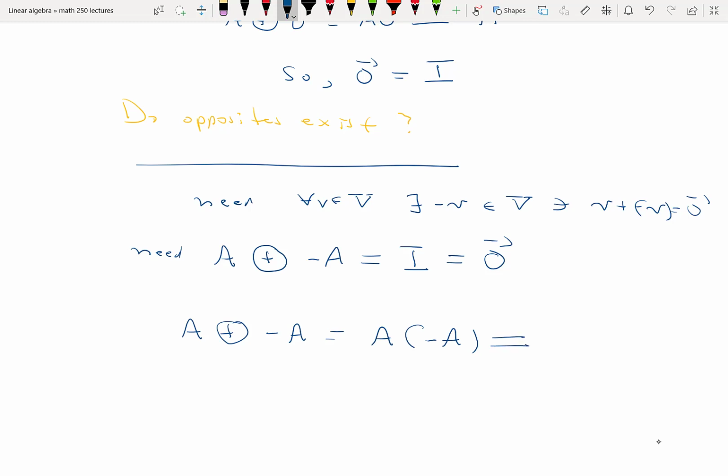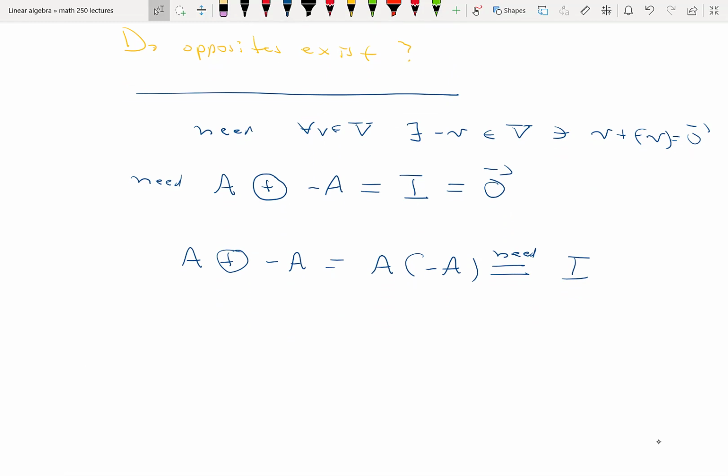And this needs to equal the zero vector, I. I'm hunting for the opposite of A. A times the opposite of A has to equal I. So I need the opposite of A to be A inverse. In order for opposites to exist, the opposites will have to be the inverse.